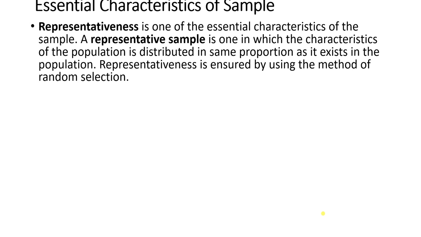And I would again define that a representative sample is one in which the characteristic of the population is distributed in the same proportion as it exists in the population. So representativeness is ensured by using the method of random selection.